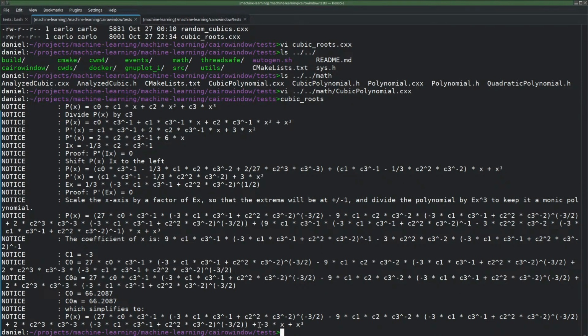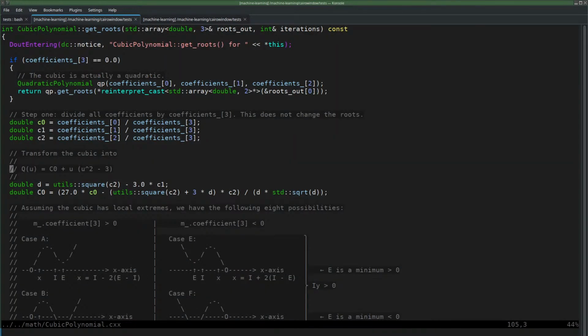Yeah, it is x times x squared minus 3 plus that, which is C0. And now we use U.